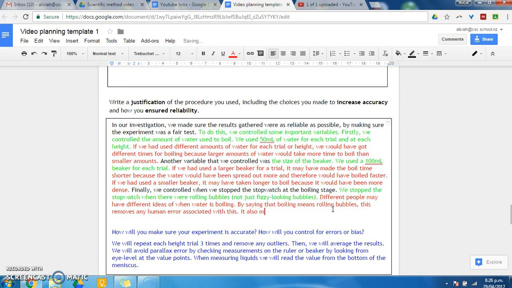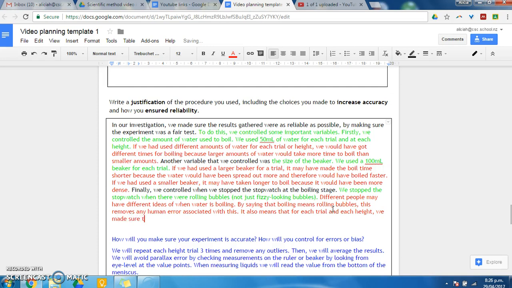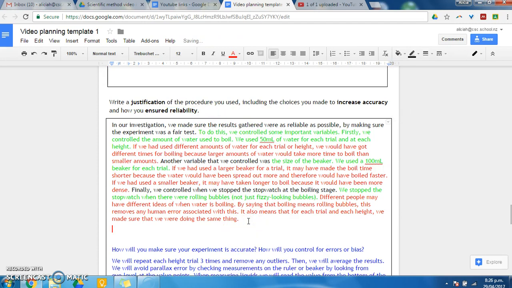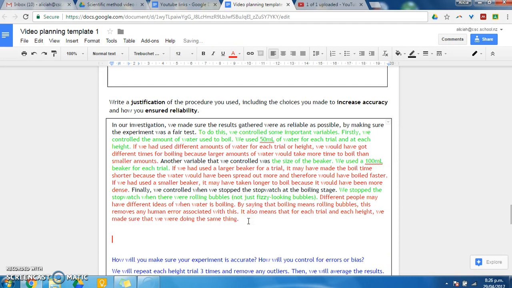It also means that for each trial and each height we made sure that we were doing the same thing. Okay, so again we've said what we did and why we did it. Okay, so that's the first part done. So we've said how we've ensured reliability. Now we go on to the bits that we did to make sure it was accurate.